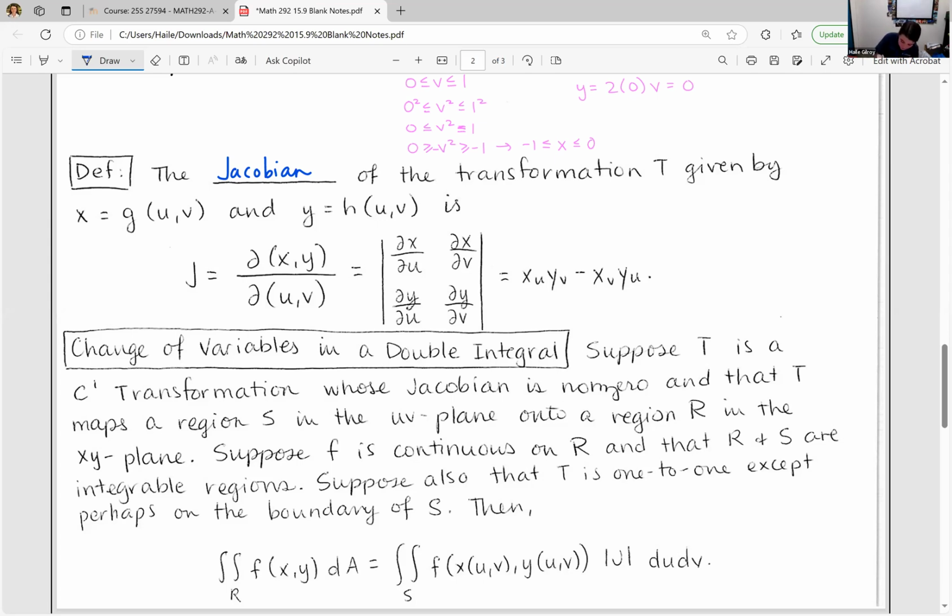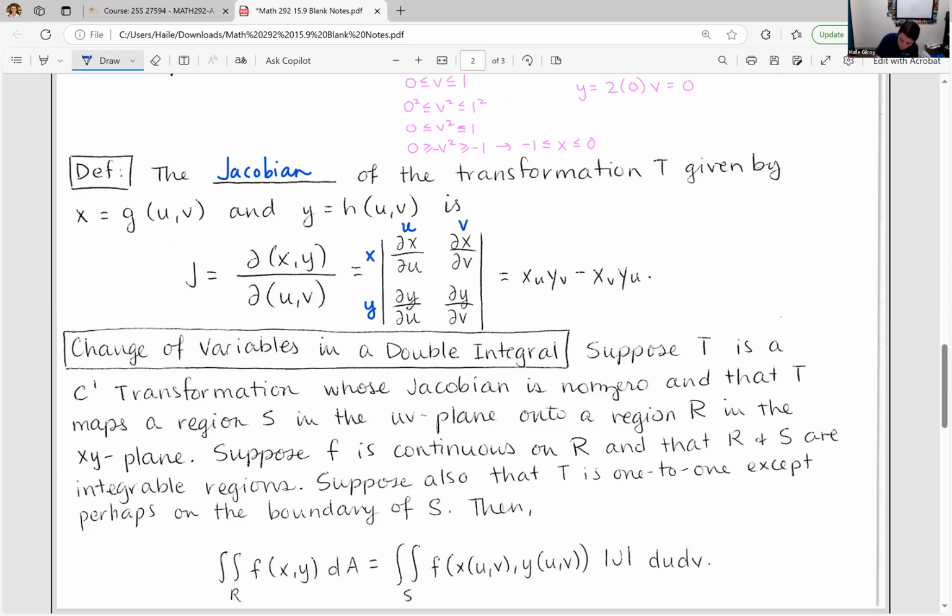So the way that this works is the top row, you're looking at the variable x. The bottom row, you're looking at the variable y. The first column, you're looking at the variable u, and the second column, you're looking at the variable v.